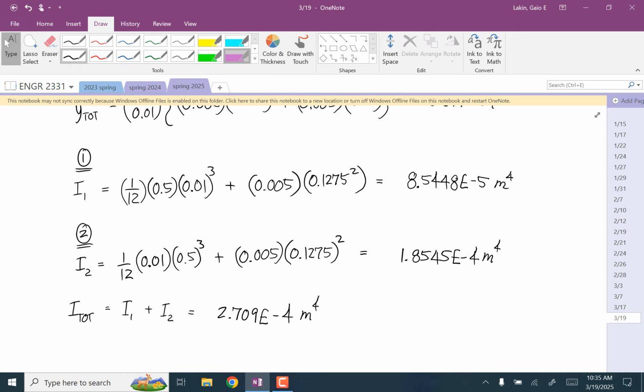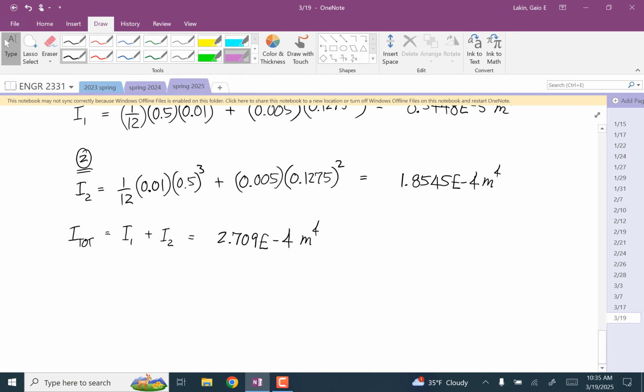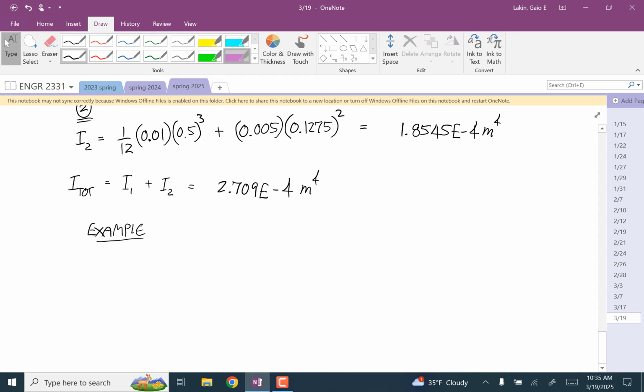Any questions about that? Okay, so now we're going to put this into the stress equation. So let's say we have this cantilever beam.